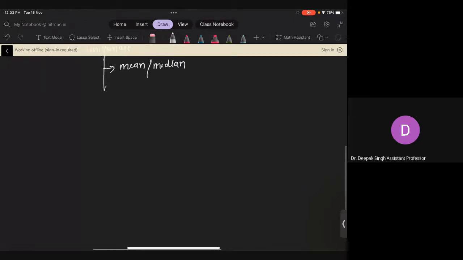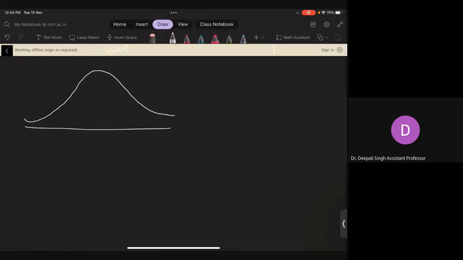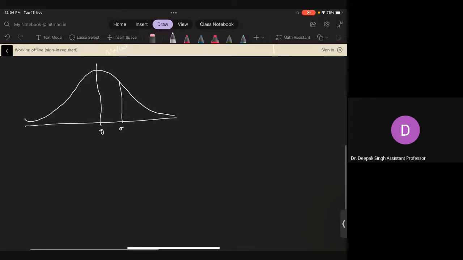I introduced one term in the morning called the normal curve. This is the normal curve. In the ideal or standard normal curve, the mean is always 0. Then you have the standard deviation, represented by sigma.